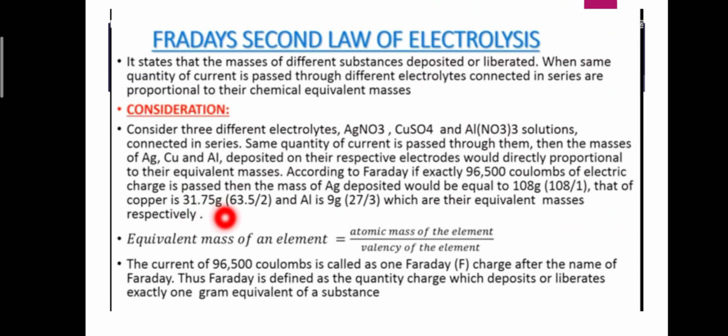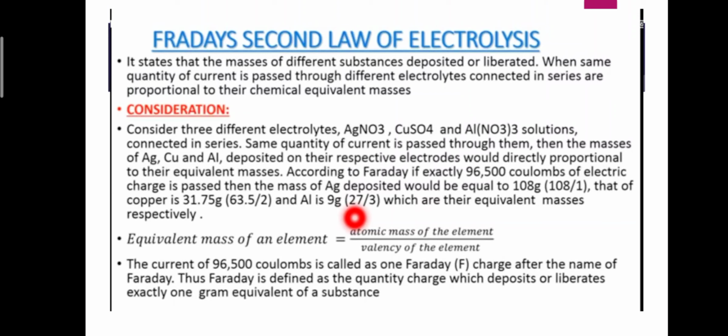31.75 gram, and aluminium is 9 gram, because the atomic mass of aluminium is 27 gram, but aluminium carries positive 3 charge.